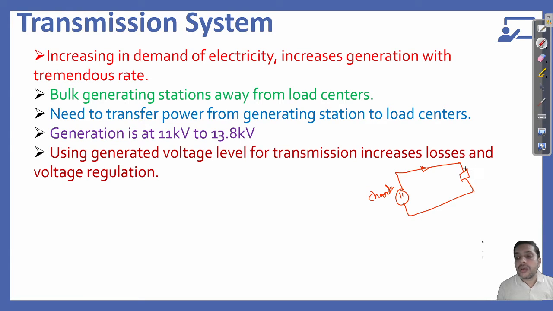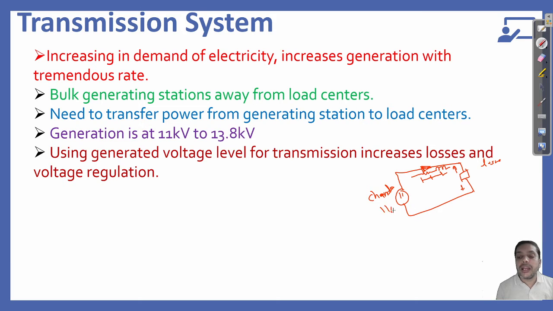The load requires a large current, so the size of the current carrying conductor is increased. As the size is increased, the losses also increase, and the R and L of the line, along with the large current, will cause a large voltage drop inside this line, hence the voltage regulation will become poor.